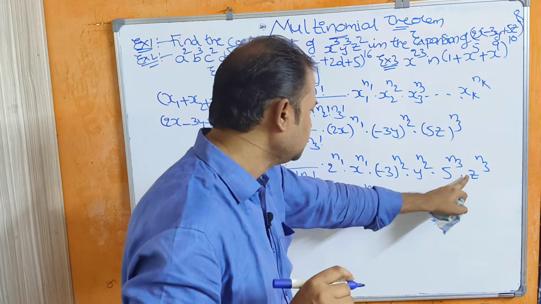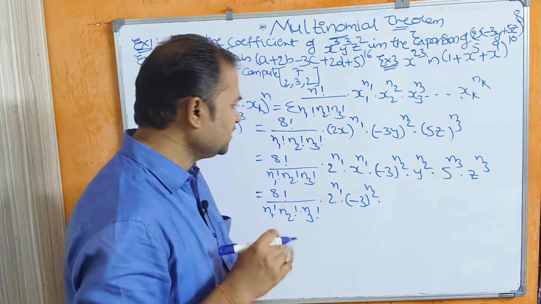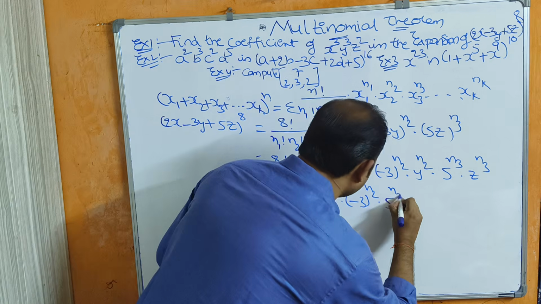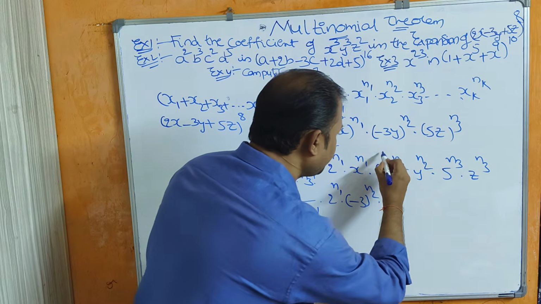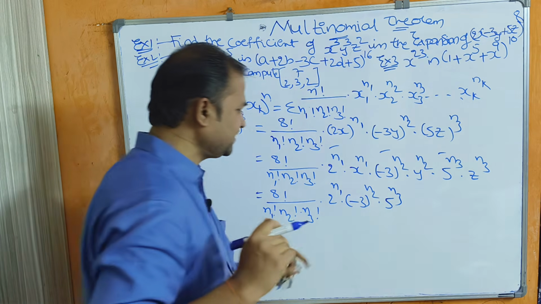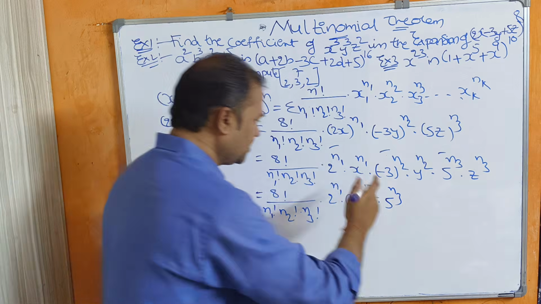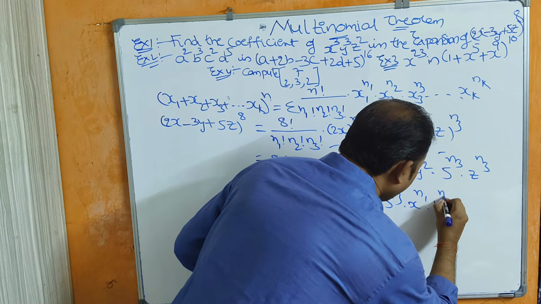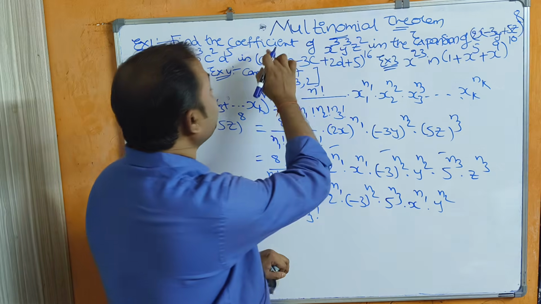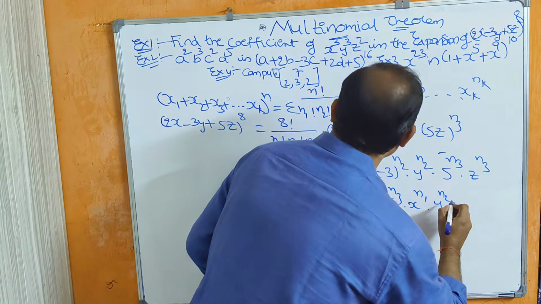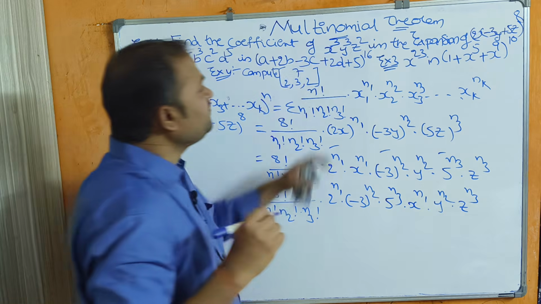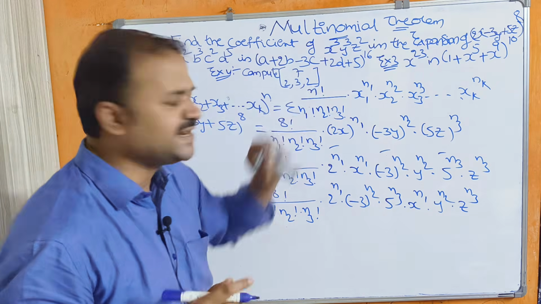Next we have 5 power n3. So this is another coefficient: 2 power n1, minus 3 power n2, 5 power n3. So these are the coefficients. Now coming to the exponents, x power n1, y power n2, z power n3. Why? Because we need to find x cube, y cube, z square.